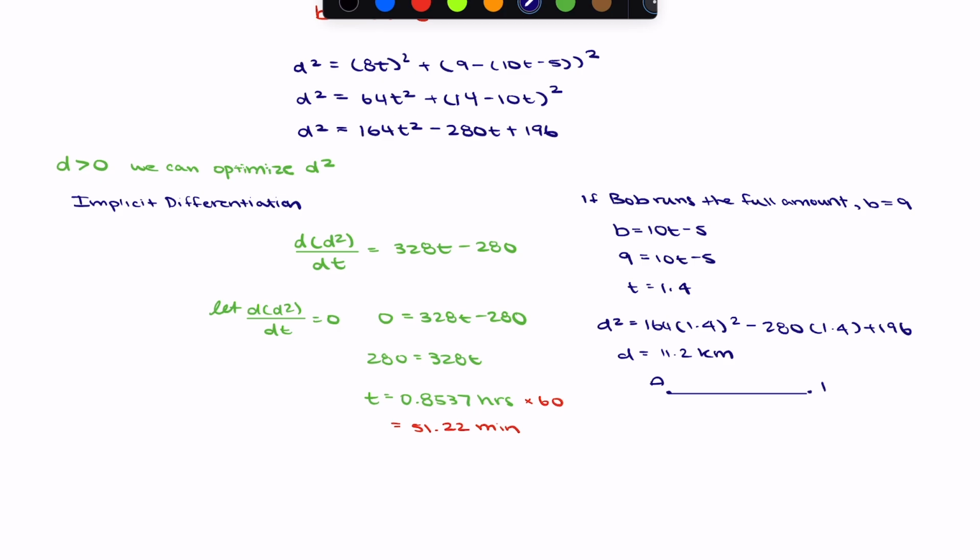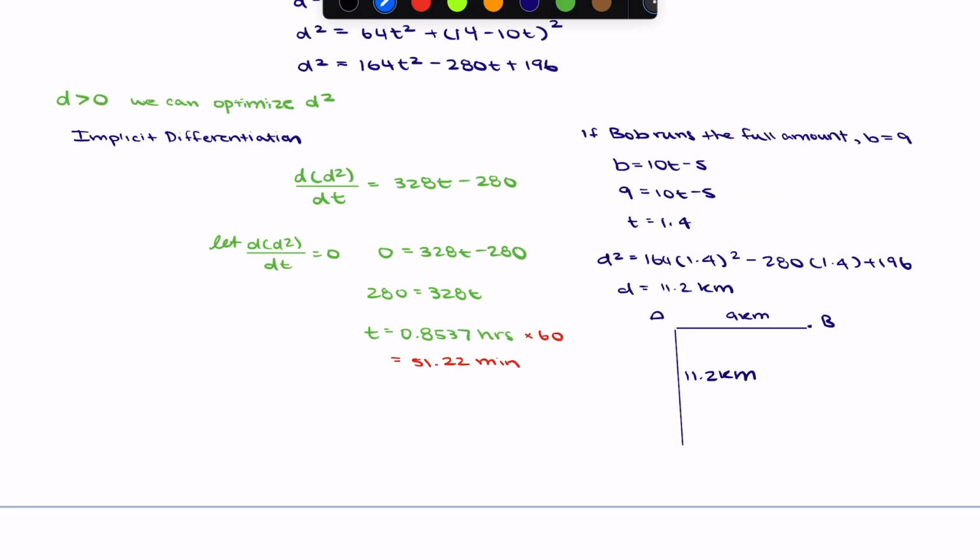And so here, this is Anna and Bob, 9 kilometers apart from the houses. If he runs the full amount, this would be 11.2. In this case, the time is equal to 0.8537 hours. So let's find that particular distance, which would be the minimum distance.